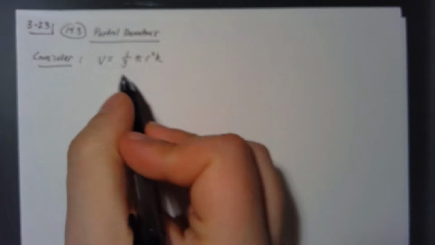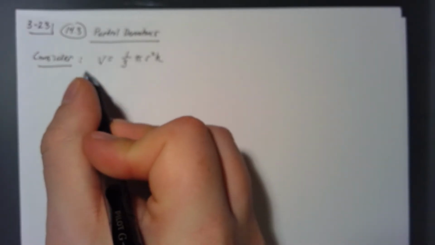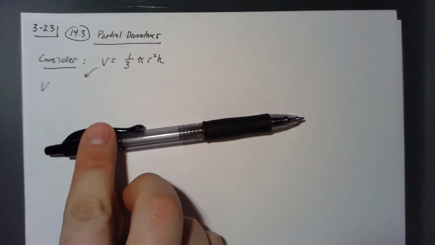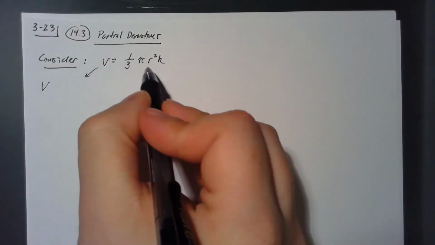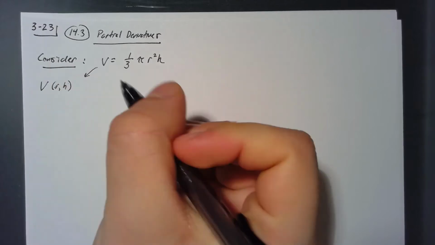So this is a multivariate function, right? I could write this as V is a function of radius and height, right?